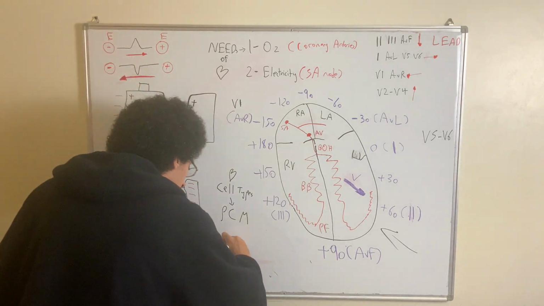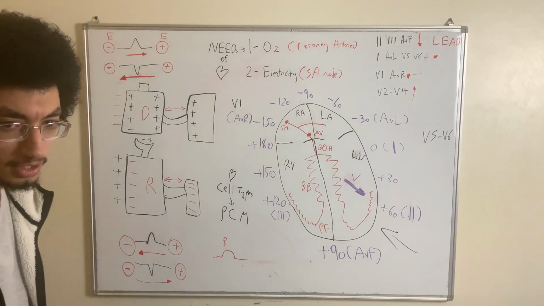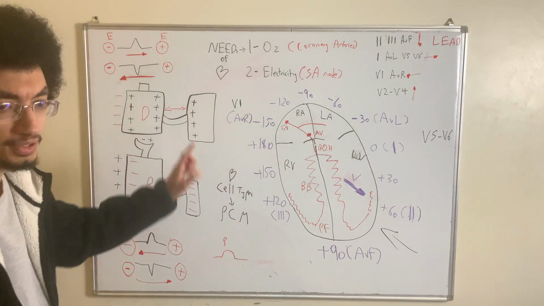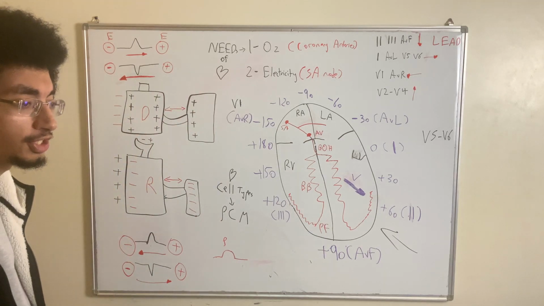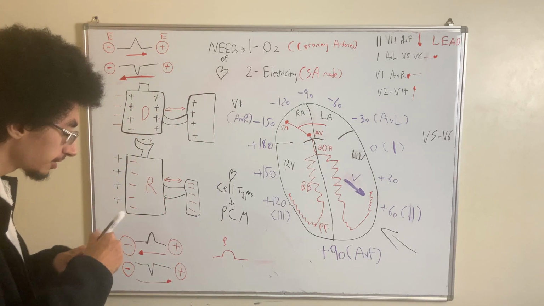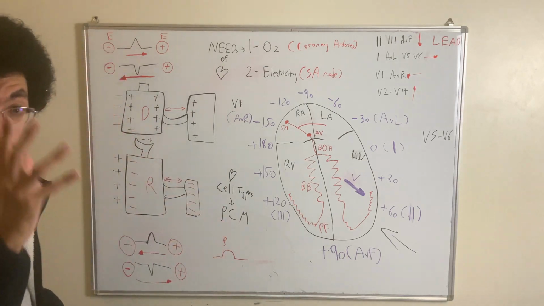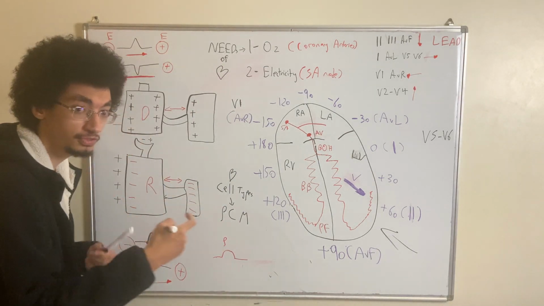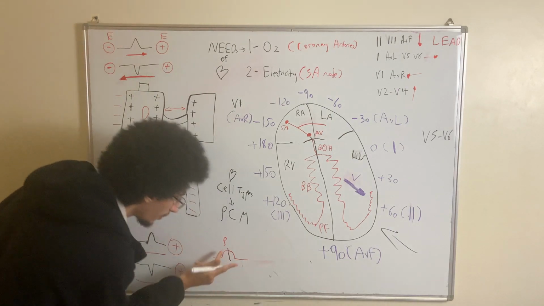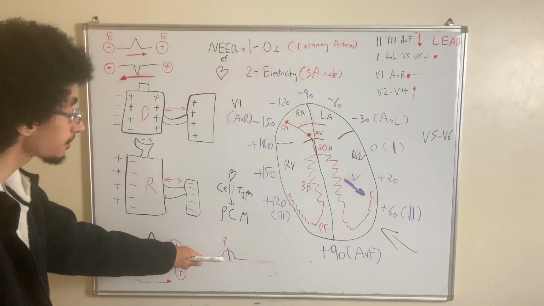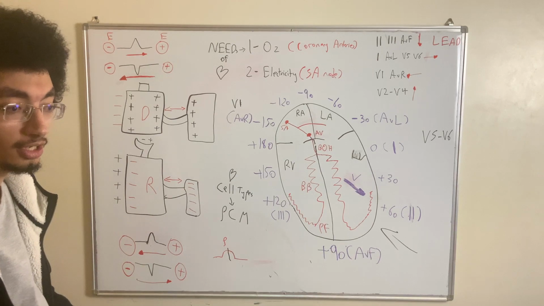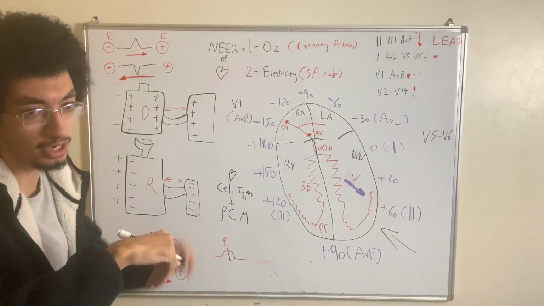It is known as a P wave. This P wave reflects atrial depolarization. But to be more specific, the first half of this wave represents right atrial depolarization because it's the first one to be depolarized.